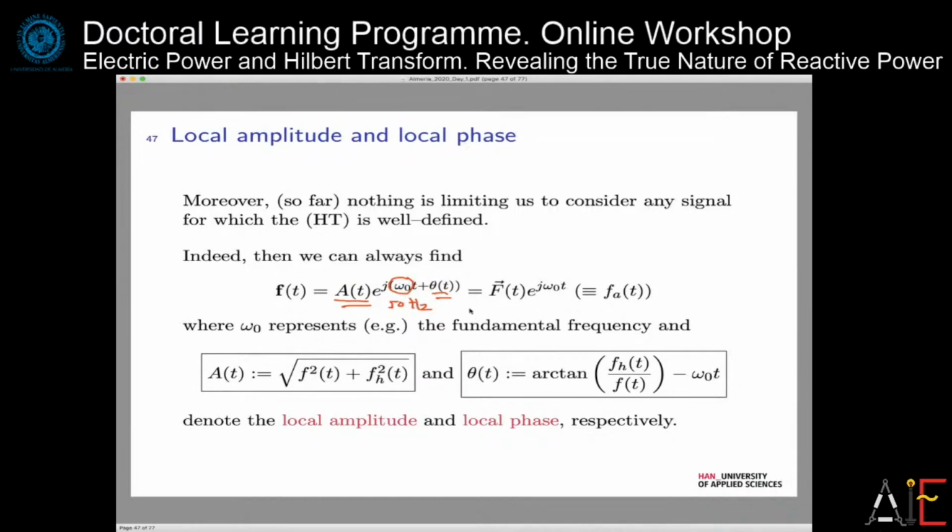carrier. You can write it in this way, like we did before in the classical sinusoidal case, and that is just simply our analytical signal. And now this time varying amplitude and this time varying phase is simply defined by this Pythagorean relationship.